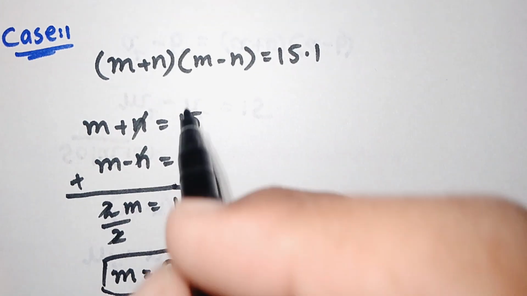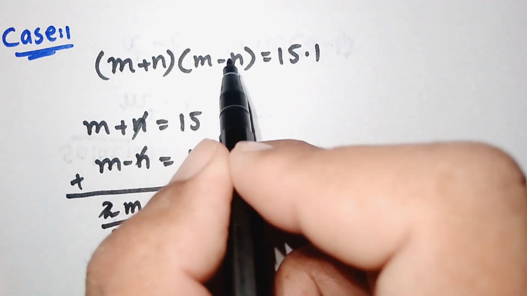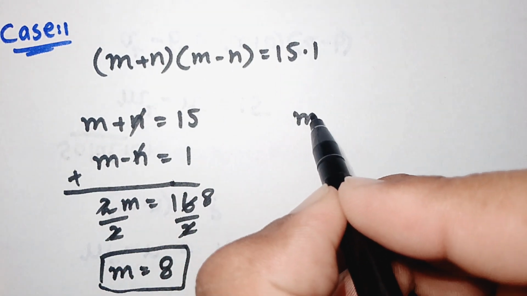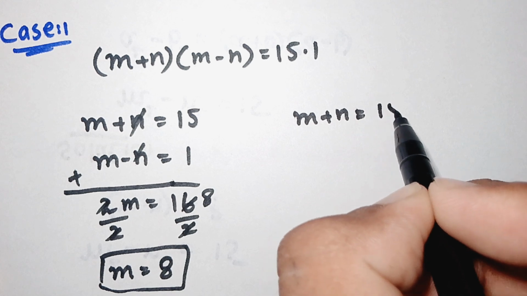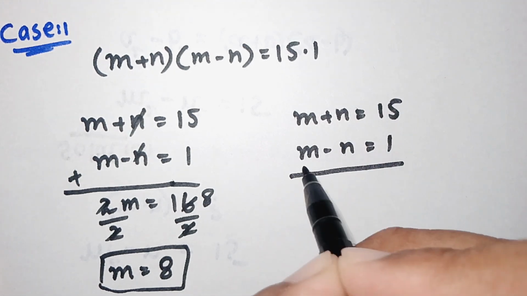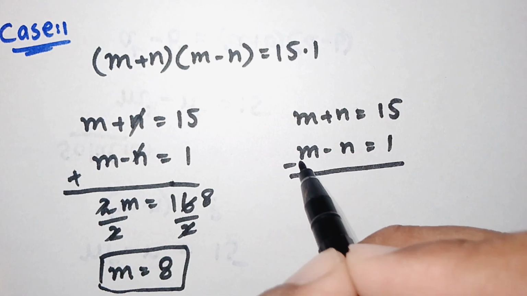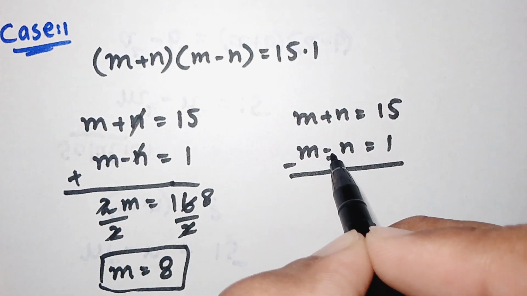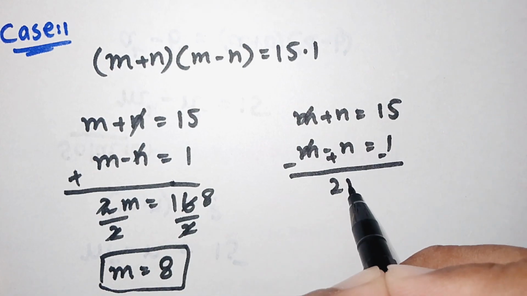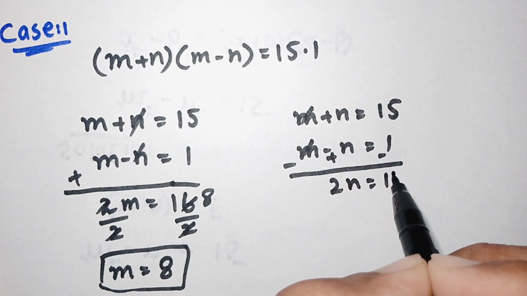Now we have to subtract these to obtain the value of n. So again, m plus n is equal to 15, m minus n is equal to 1. So we subtract these numbers. This will become positive, this will become negative, m cancels with m, and 2n is equal to 15 minus 1 is equal to 14.